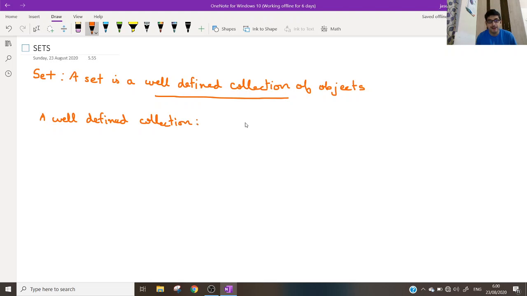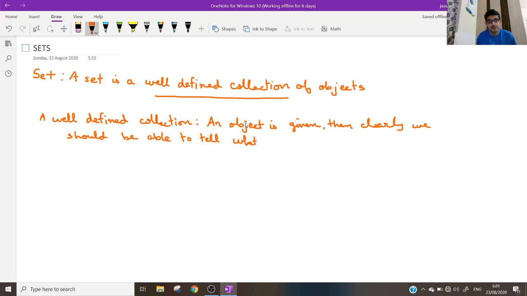That means if an object is given, then we should be able to tell clearly whether it belongs to that collection or not.